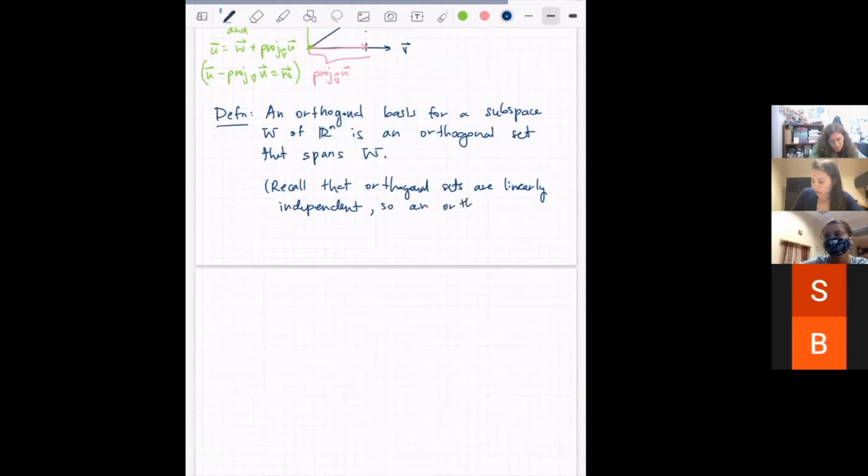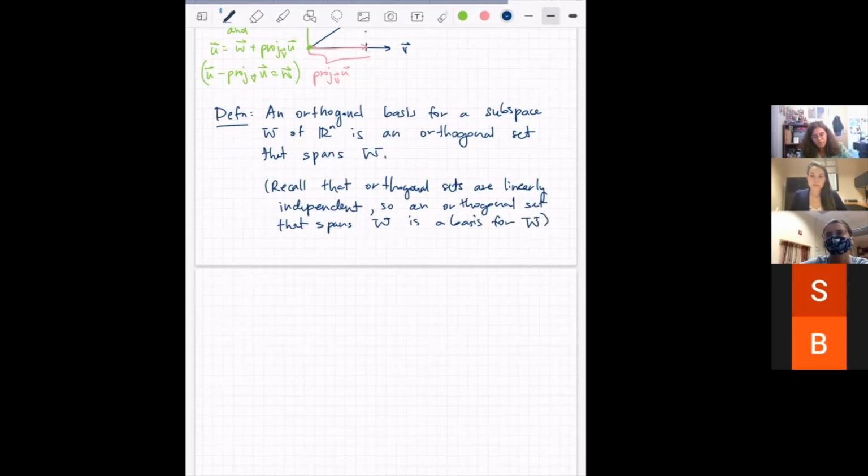An orthogonal set that spans W is a basis for W.